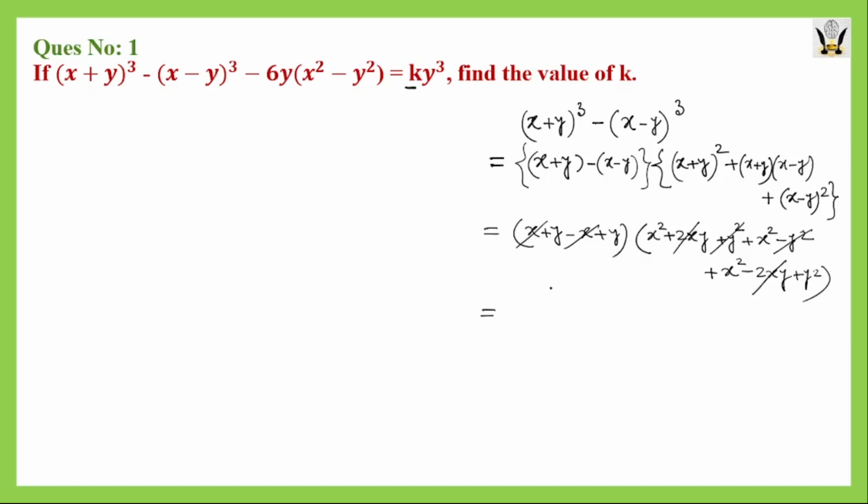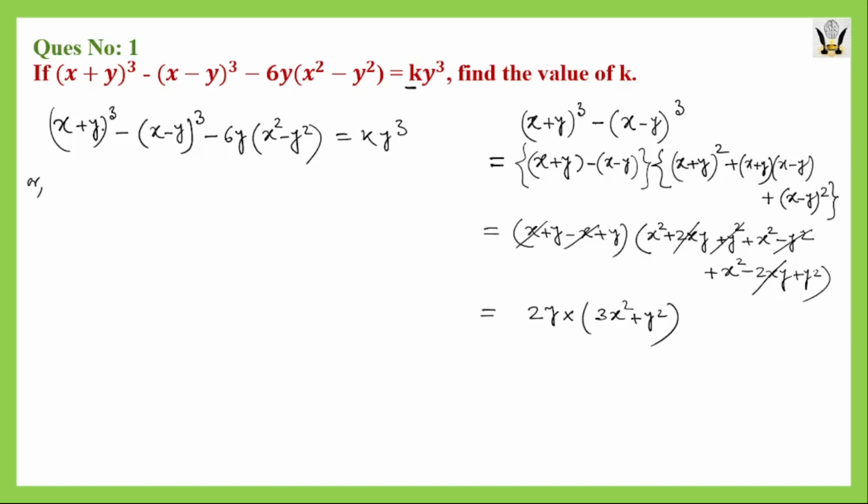So the simplified form will be: the first factor is 2y, multiplied by 3x square plus y square. Then we have minus 6x square y, and then plus 6y cube, and that is equal to ky cube.